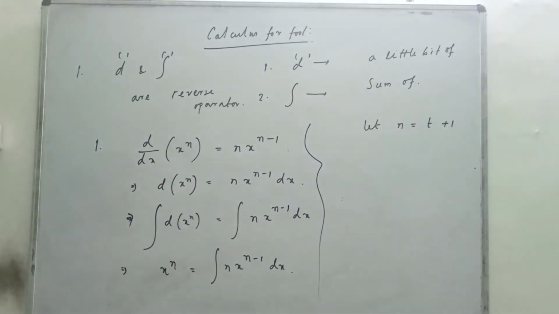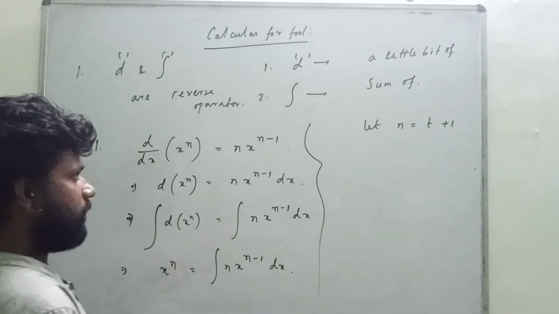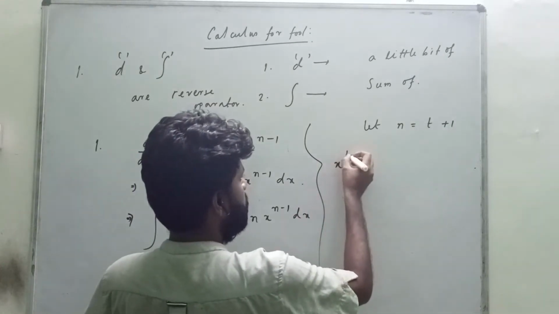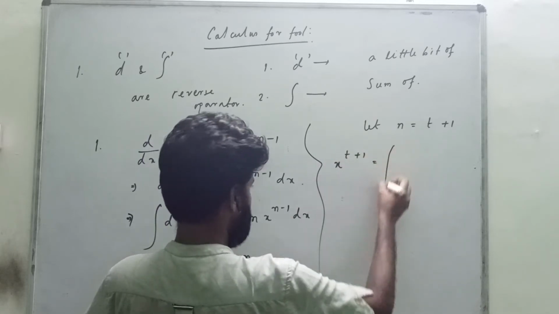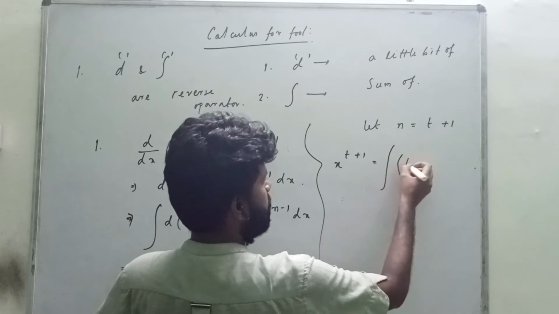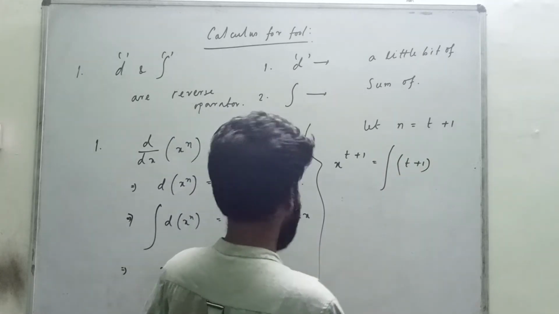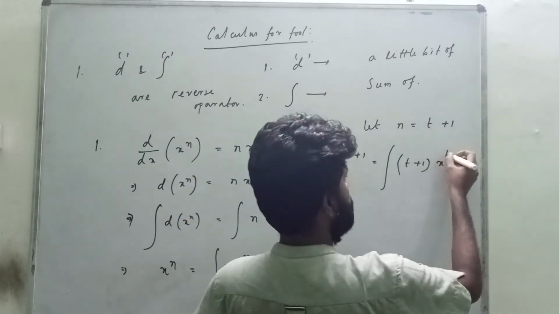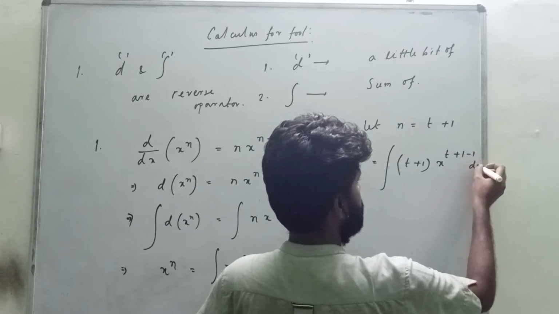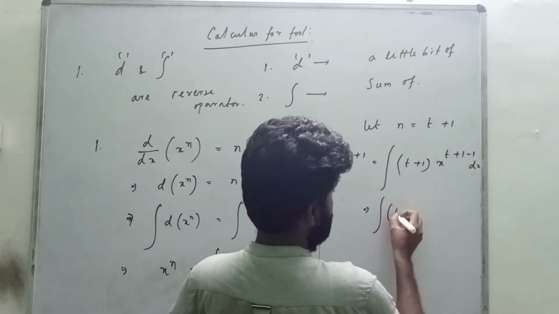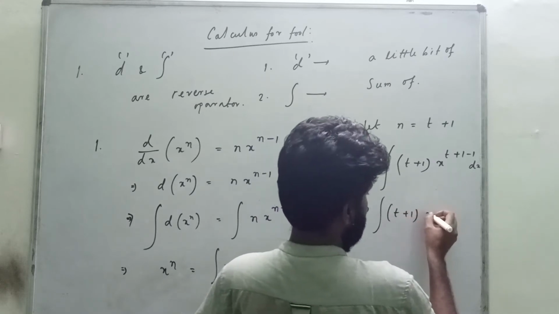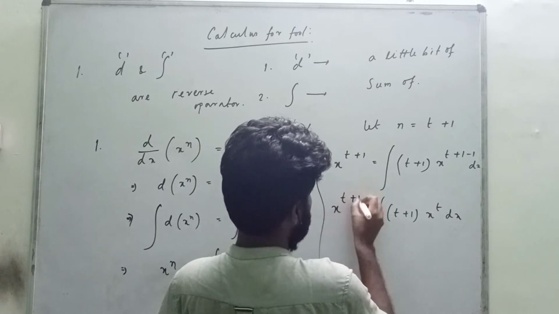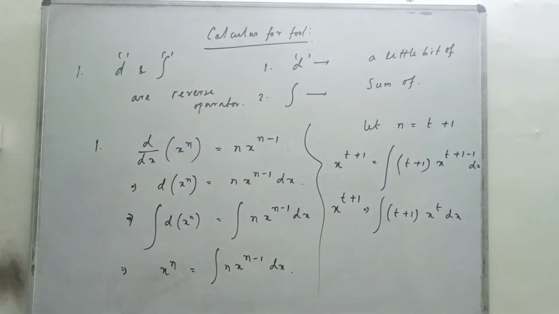So let n equal t plus 1, then what will be the equation? x^(t+1) equals, instead of n we write t plus 1, then n minus 1 is t plus 1 minus 1, which is t. It is actually (t+1) x^t dx, and x^(t+1). Right?